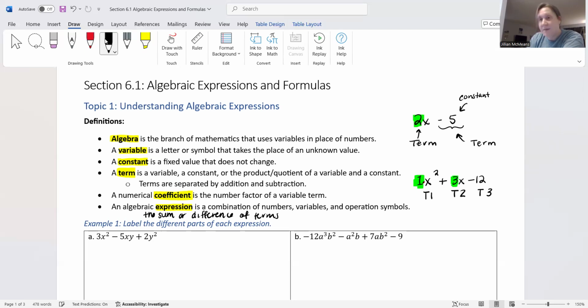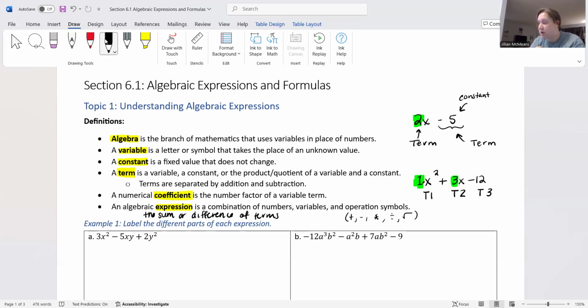If you have a series of terms and you add them and subtract them, bam, you've got an algebraic expression. Anytime you have variables, numbers, and operation symbols, those being plus, minus, multiplication, division, you can also have square roots, you could also think of exponents. Whenever you have that kind of stuff along with variables and numbers, you've got an algebraic expression.